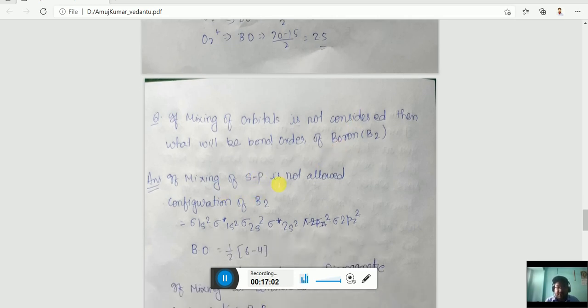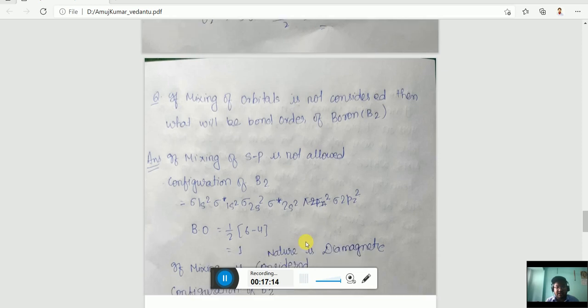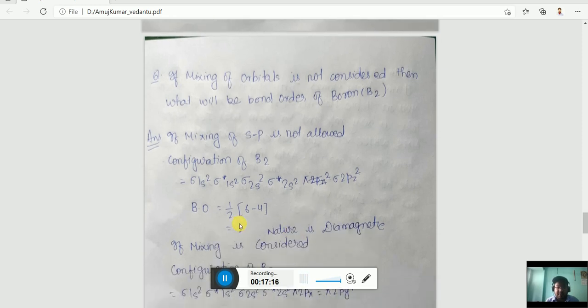If mixing of s and p is not allowed, then what will be the configuration of B2? B2 configuration will be sigma 1s2, sigma star 1s2, sigma 2s2, sigma star 2s2, sigma 2pz2. Here in this case bond order will be 1, but nature will be diamagnetic, because there is no unpaired electron.